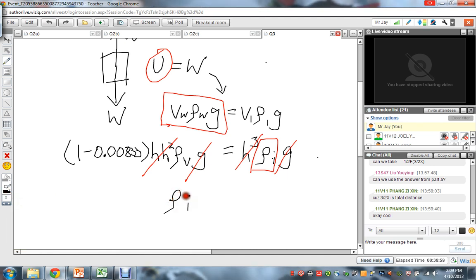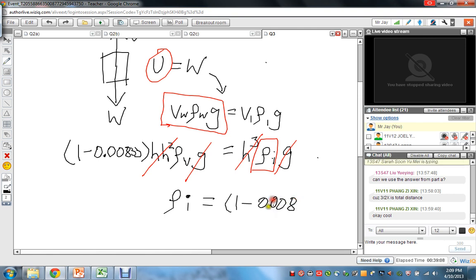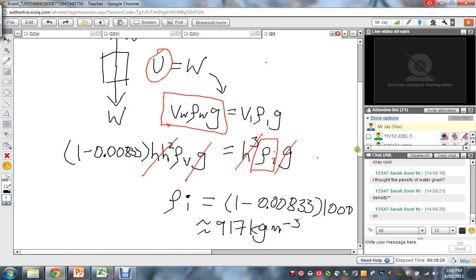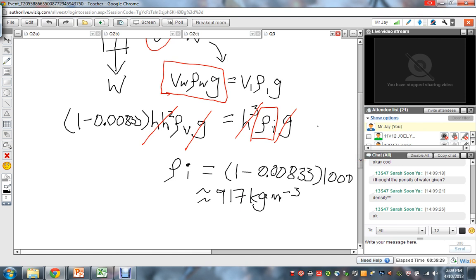Density of ice equals 1 minus 0.0833 times density of water, which is given to be 1000. So this gives us approximately 917 kg per meter cube.